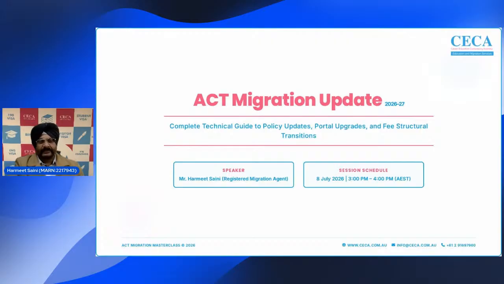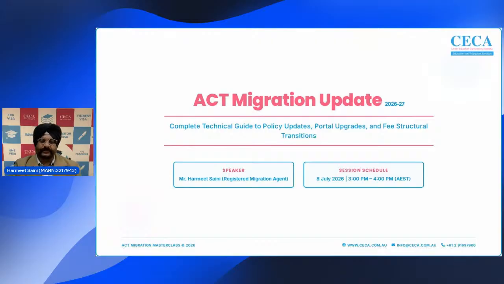In this week, I'm going to discuss the Australian Capital Territory migration update. Recently, the ACT government published its last financial year data regarding migration, how many seats were allocated and how they were distributed.